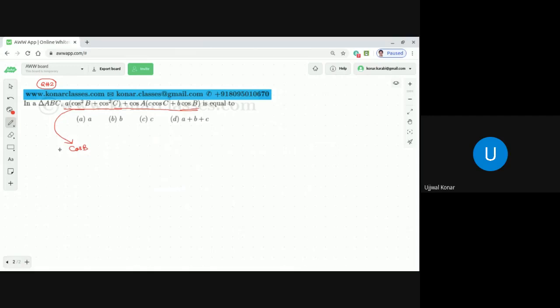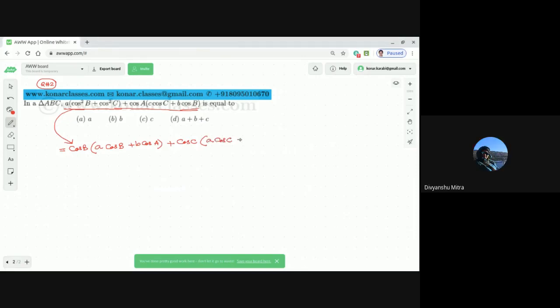Then you get a cos B plus b cos A. And for the next two terms you can take cos C common. If you take cos C common, then you get a cos C plus c cos A.